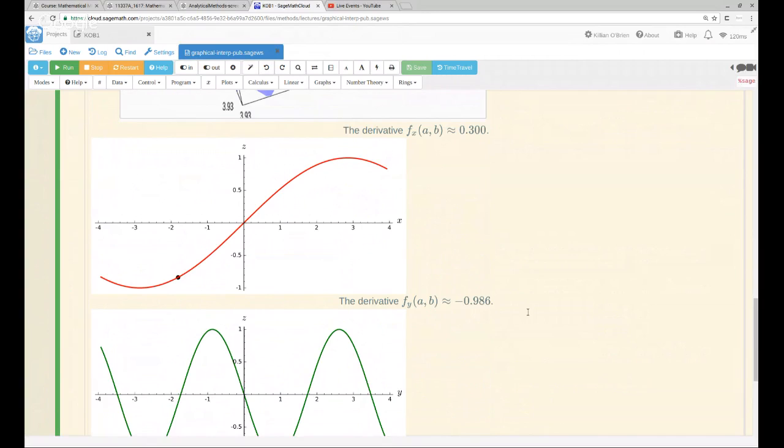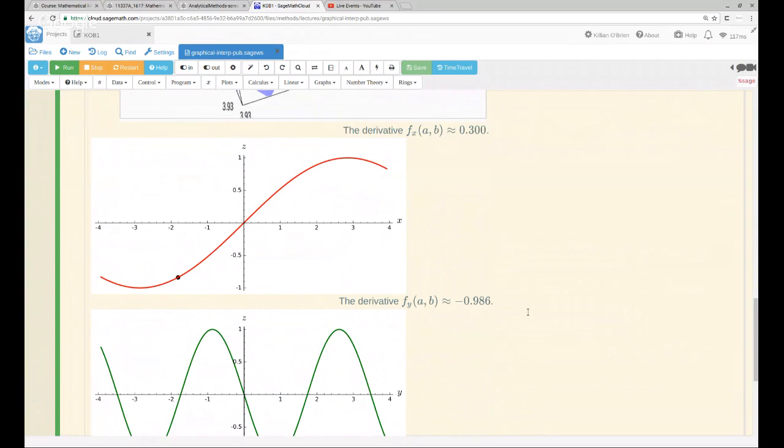So the partial derivative, when you look at the cross-sectional curve through that base point, parallel to the x-axis, does exactly match the meaning of the derivative in the one variable case: the derivative gives you the slope of the tangent line to the cross-sectional curve at that point.